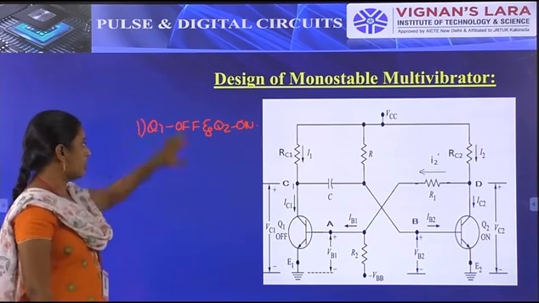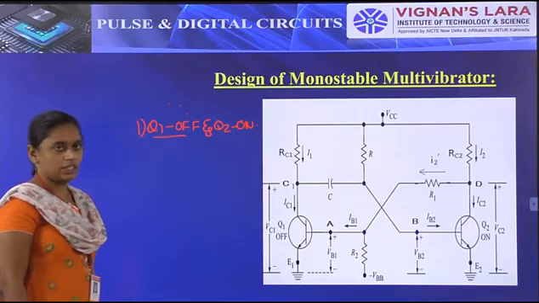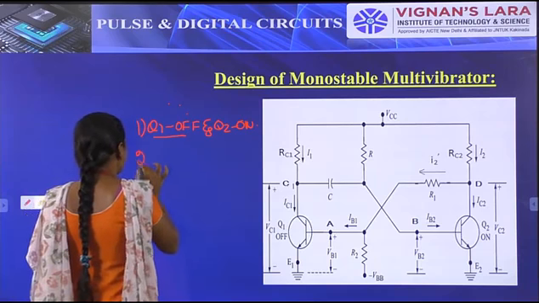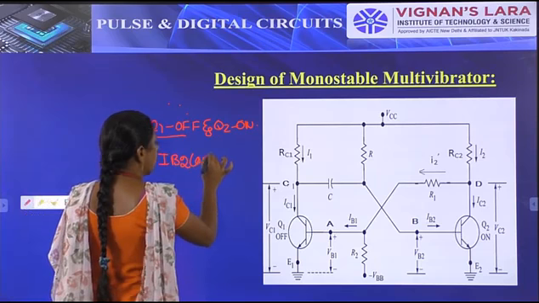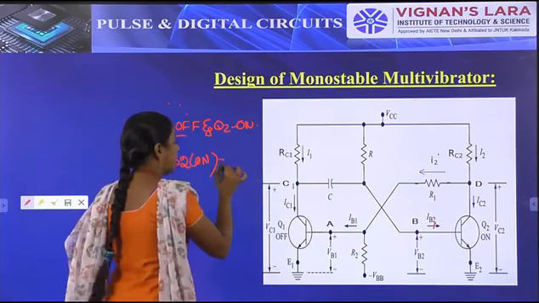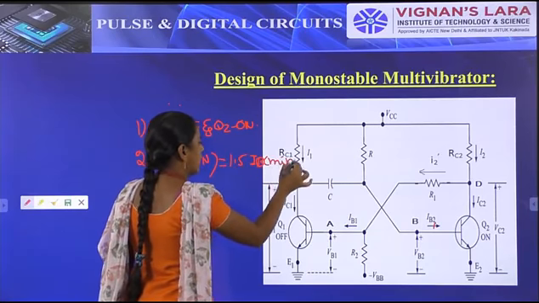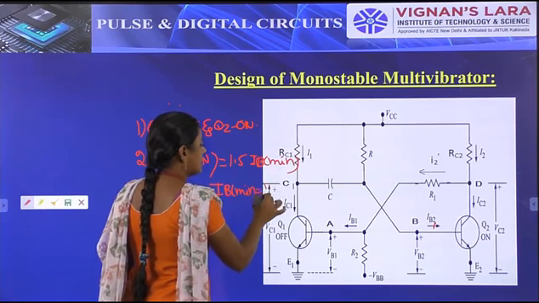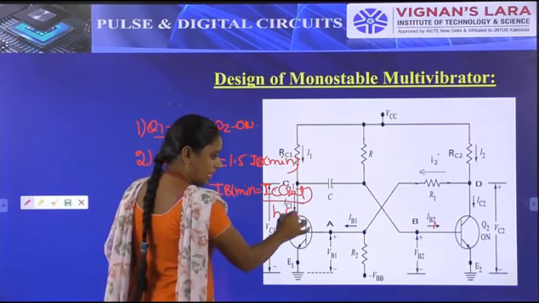The second thing is IB2 on, which is equal to 1.5 into IB minimum. And the formula for IB minimum is IC sat by HFE. Obviously they give the IC saturation and HFE.